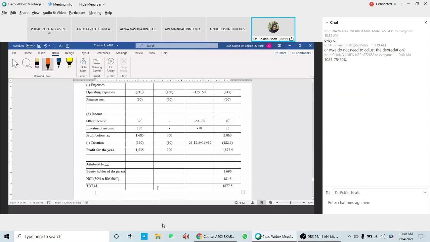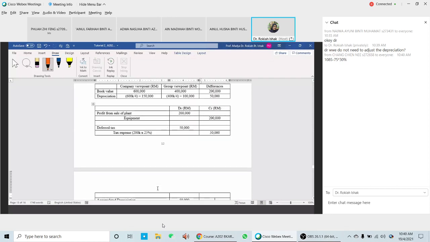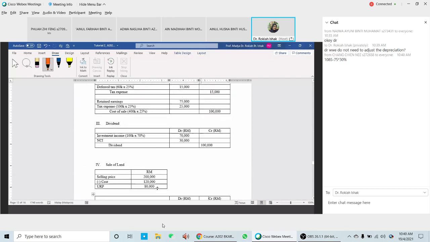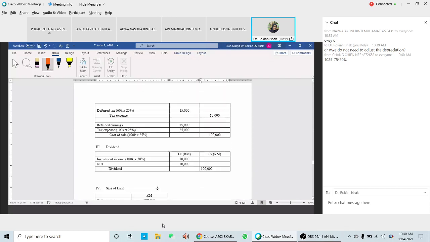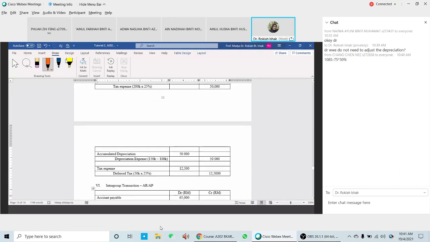Let me check something here. Okay, so this is what you have. Profit. Oh, you mean the journal entry that we had previously about this one, isn't it? Oh, no, this one. The plant. This one, 50, yeah.